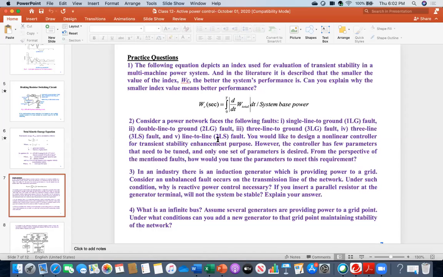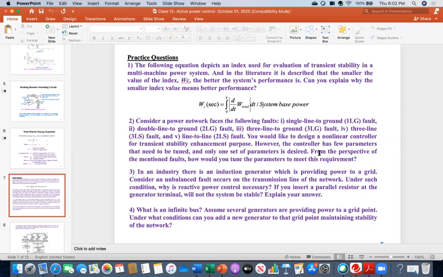And then 2LG, 2LS, in each case you will get one set of parameters. So if there are 5 sets of parameters, then the system will run well. That is the general sense. But here only one set of parameters is desired, meaning you pick up only one set. Which set would you prefer?